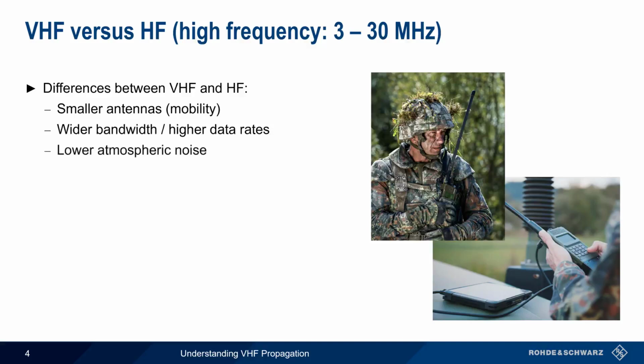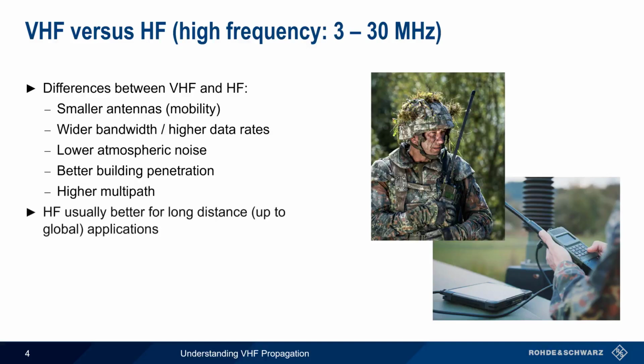There's lower atmospheric noise at VHF versus HF, but man-made noise sources are often more common at VHF. VHF penetrates buildings better than HF, which is one of the reasons why VHF is so widely used in broadcasting. One potential problem area for VHF is a higher probability of multipath. We'll come back to this topic later in the presentation.